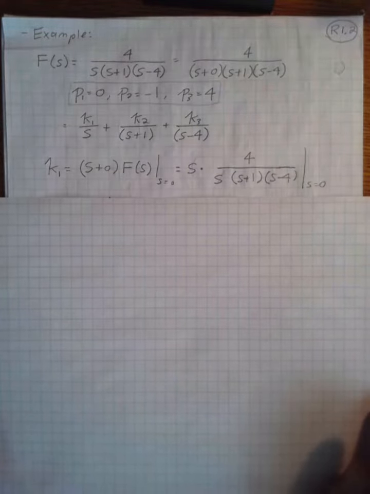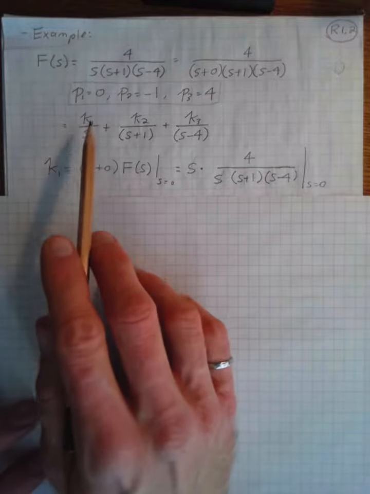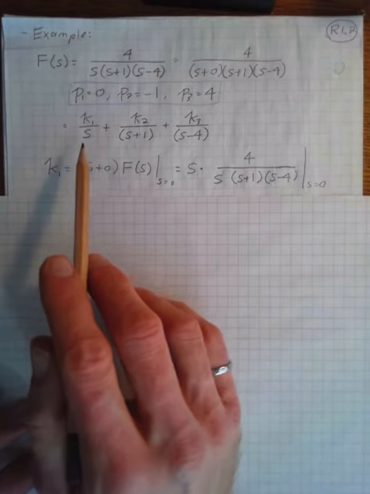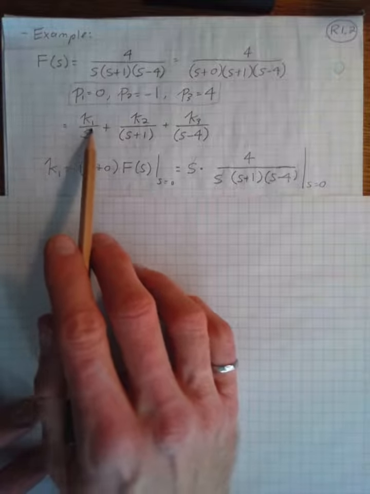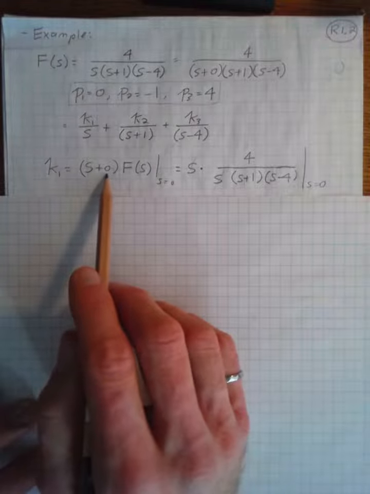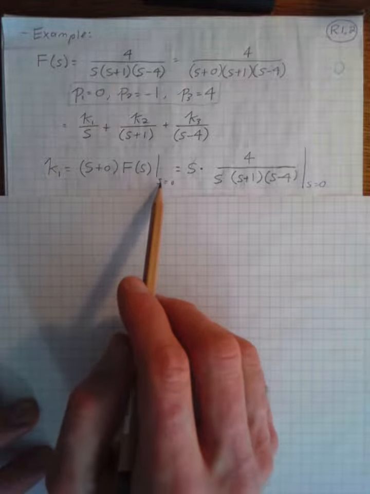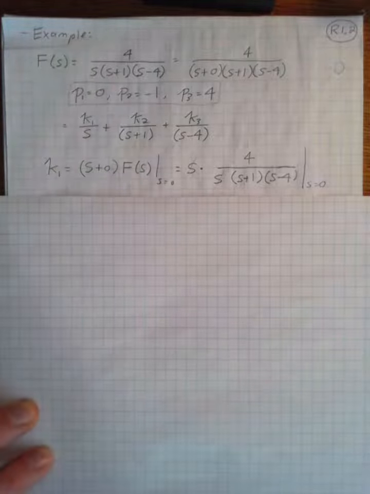All right, so let's start by determining k1. To determine k1, we take the denominator, basically s, or we can write this as s plus 0. We multiply the original function by it, and then we set the value of s equal to the pole.